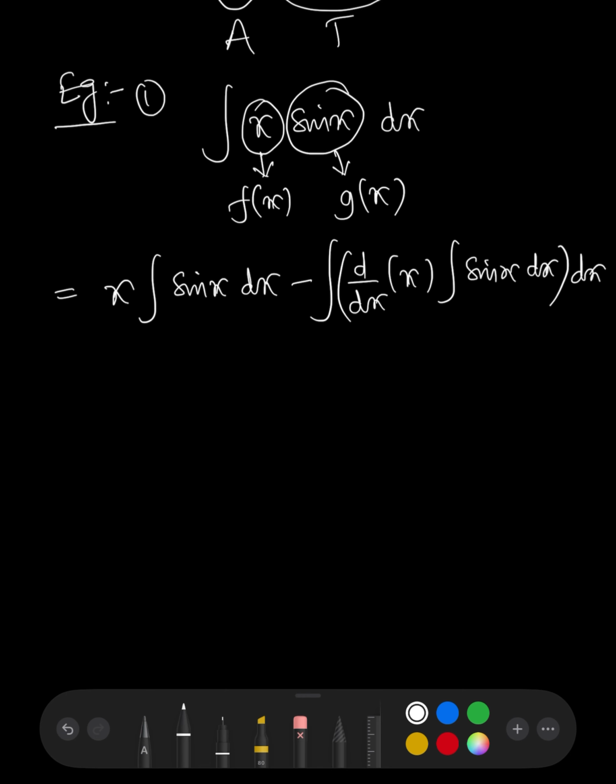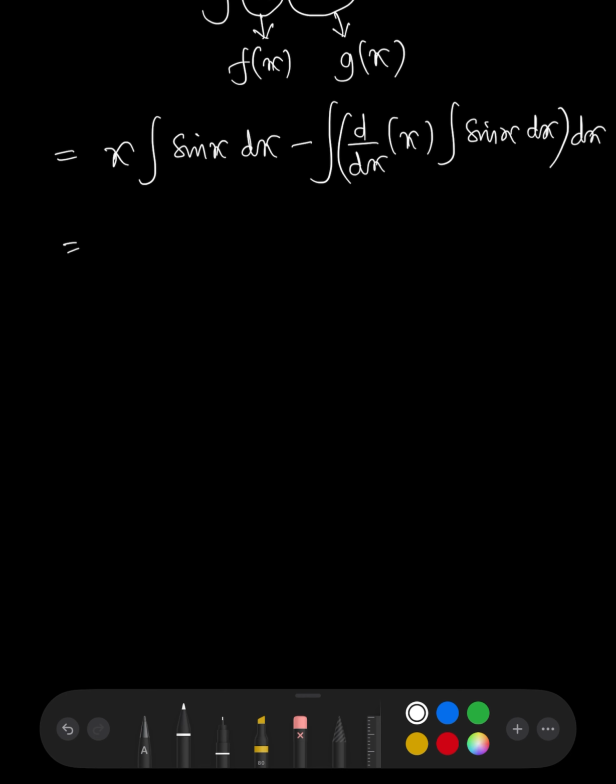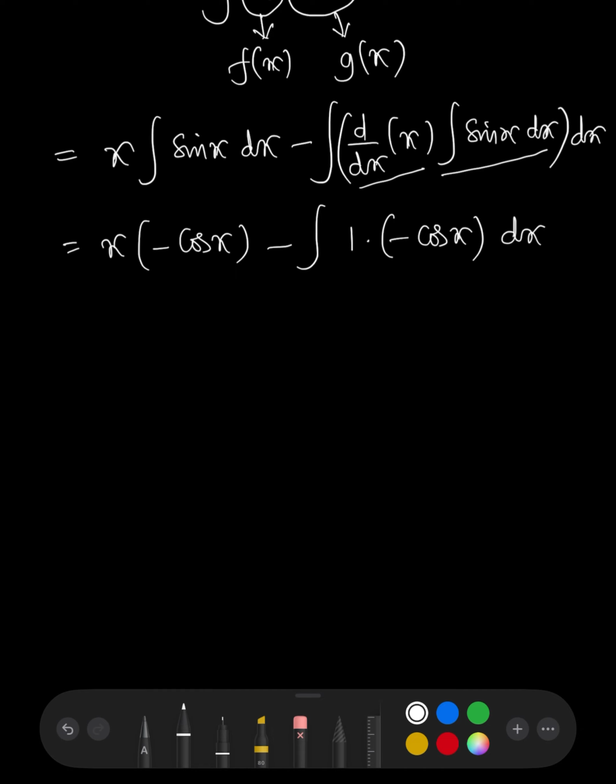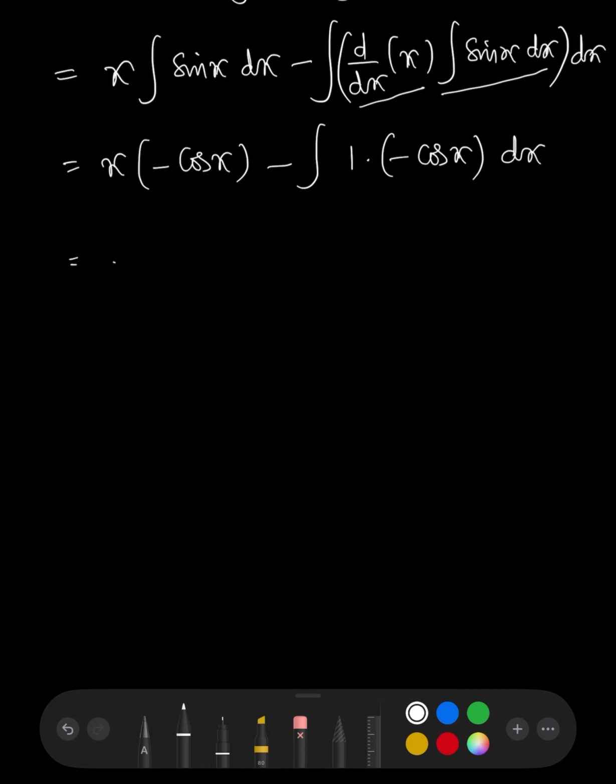whole dx. We know x into the integration of sin x is minus cos x, minus the integration of d by dx of x, which is 1, into the integration of sin x dx, which is minus cos x, again whole dx. So this one is minus x cos x.